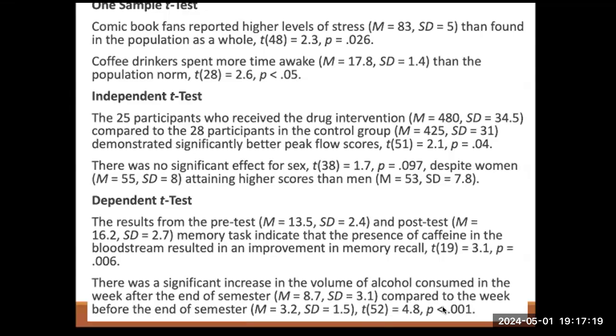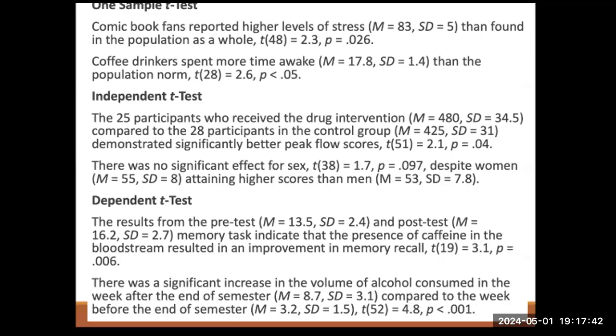So reading the results, you have to really pay close attention to all the details in it to give you an idea of what kind of analysis was conducted. So I could give you a result where it doesn't say what kind of analysis is conducted, and you should be able to read the results and tell me what kind of analysis.